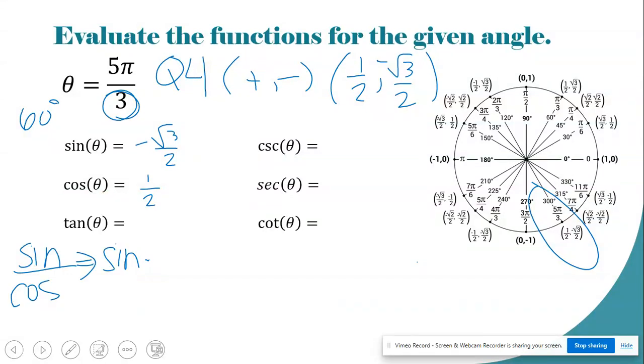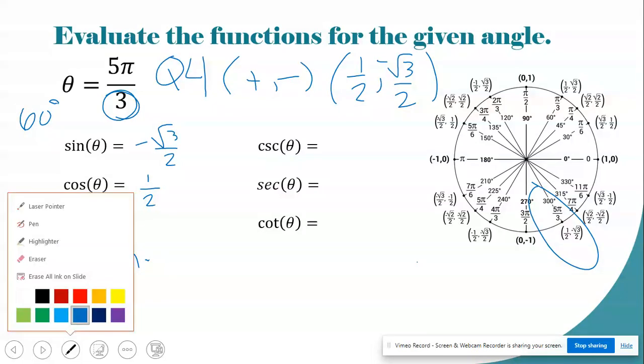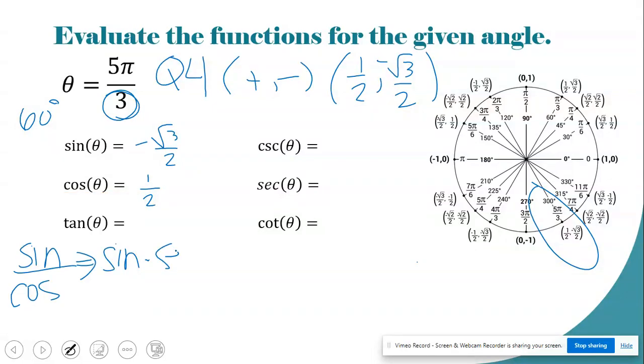The reciprocal of cosine is going to be secant, and we already can have secant filled in. So to find tangent, we're going to take sine, negative rad 3 over 2. Multiply it by the reciprocal of cosine, 2 over 1. That will cancel out, and we will end up with negative rad 3.